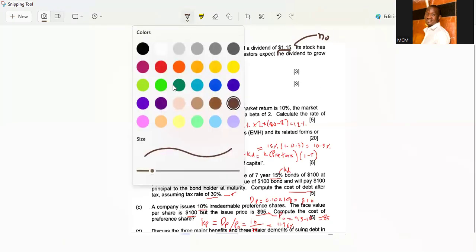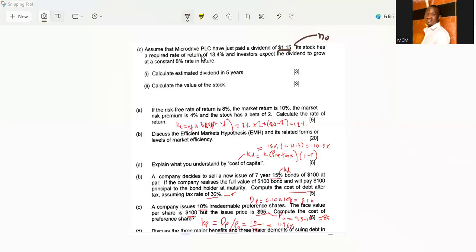At least identify what has been given. The KD, the required rate of return. The dividend is supposed to grow at 8% in future, so our growth is 8%. So you must understand that for the dividends, we've been given D0 as a starting dividend, which is 1.15.